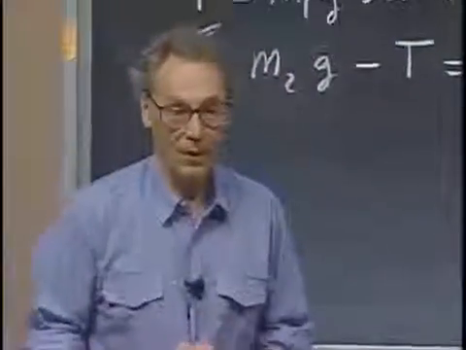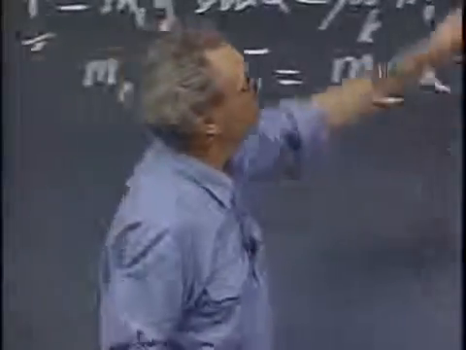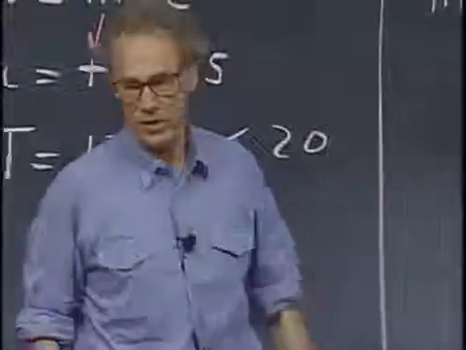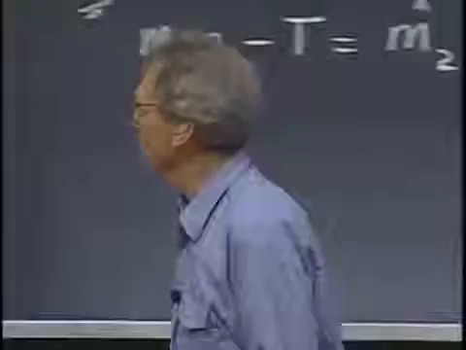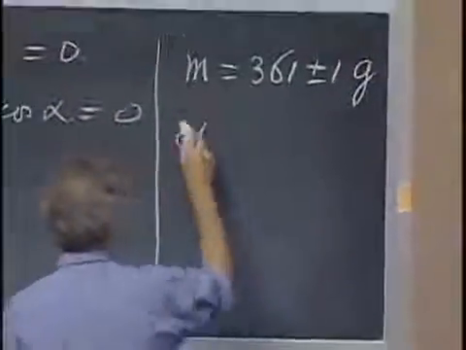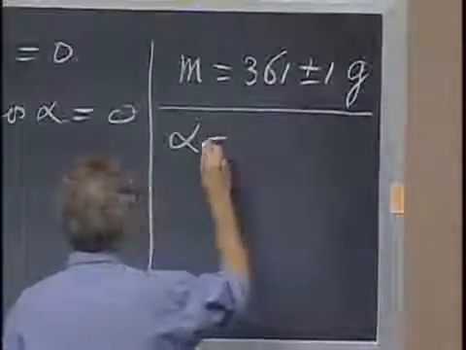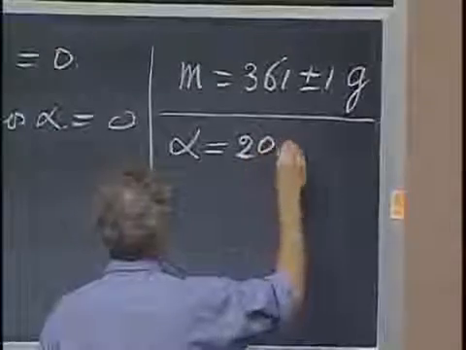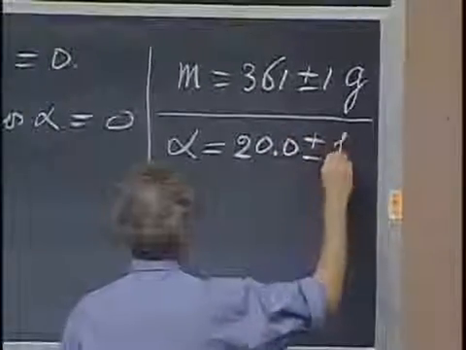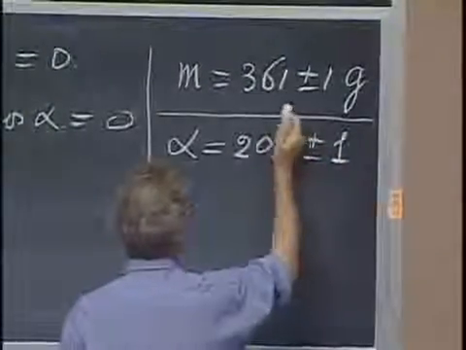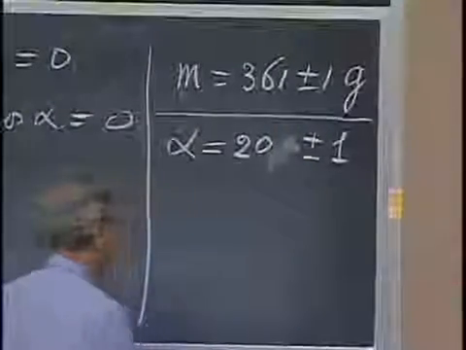It's happy, and it's sitting there. A is 0. That condition isn't met, and this condition isn't met. So now you must write down in your notebook that alpha now, it's an independent experiment, equals 20.0, maybe plus or minus 1. I think it's about 1 degree accuracy that I can do.